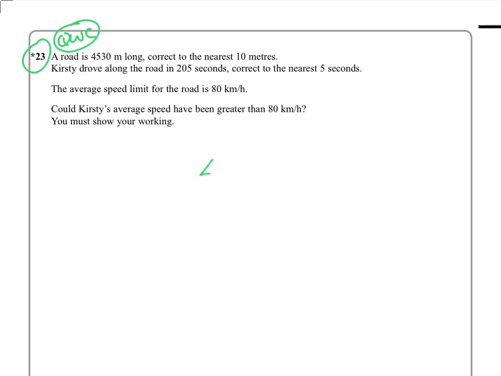So if you take 4,530 metres, if that's correct to the nearest 10 metres, you've got to say to yourself, what's the most it can be, what's the least it could be that would round to 4,530. Now, to cut a very long argument on this, what I say to my students is, if it's correct to the nearest 10, you just cut the 10 in half and you get 5 each way.